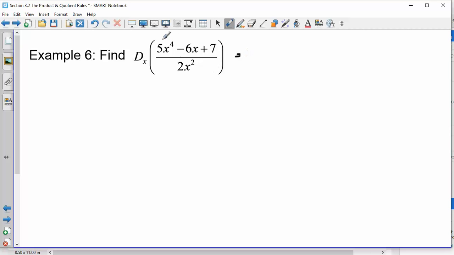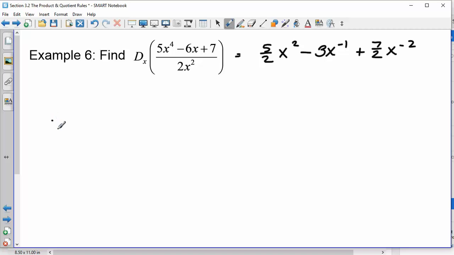If I did 5x to the fourth over 2x squared, that would just be 5 over 2 x squared. 6x over 2x squared, that would be 3x to the negative 1 power. 7 over 2x squared, that would be just 7 over 2 x to the negative 2.